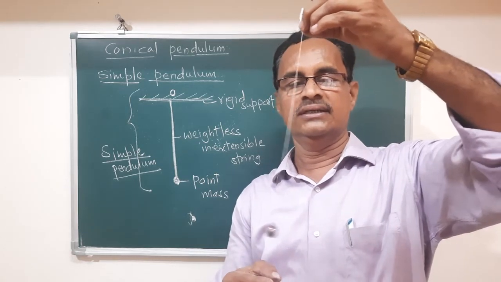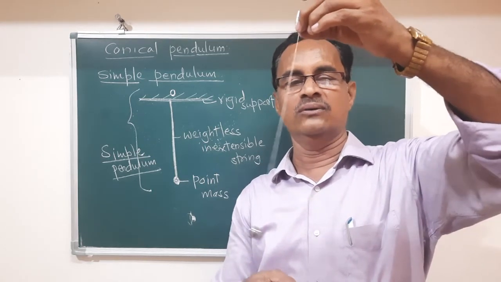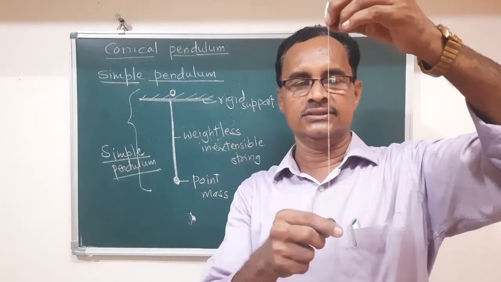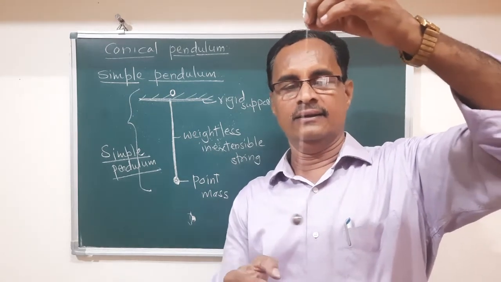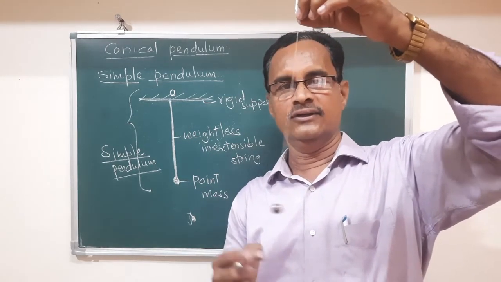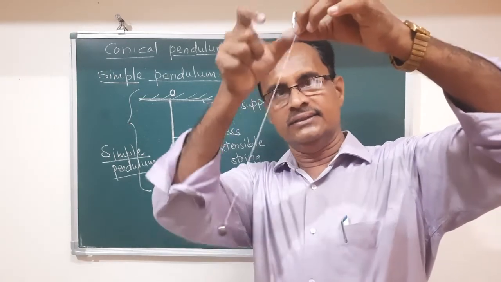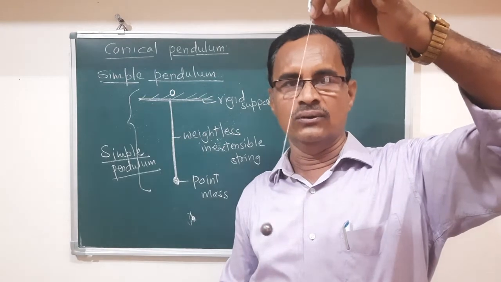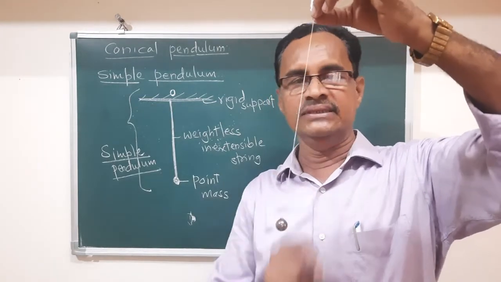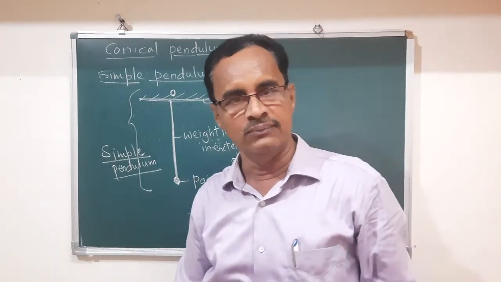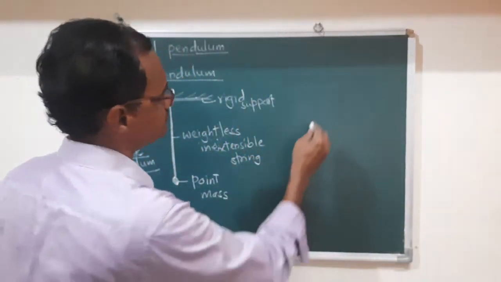Now in this way, this pendulum performs the cone-like structure here in this way. Now it performs the horizontal circular motion, and this is a right vertical cone, and that pendulum is called a conical pendulum. Now it makes the cone-like shape.